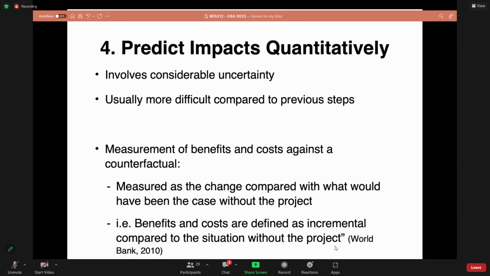So this step, predicting impacts, forecasting impacts for your project for its life cycle, which may be, say, 20 years, 25 years, whatever life cycle that you consider, will involve a lot of uncertainty. There can be lots of things that go wrong. Because of this, this step is usually much more difficult compared to the previous steps of the CBA.